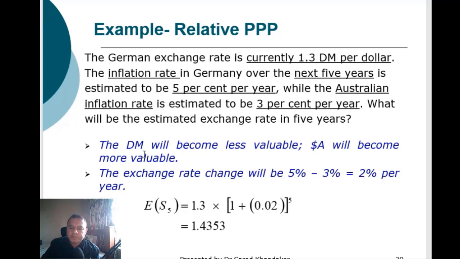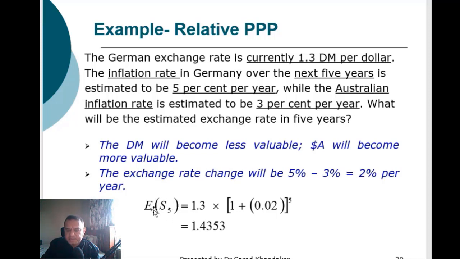As we know, the Deutschmark will become less valuable and the Australian dollar will become more valuable, because estimated inflation in Germany will be 5% and in Australia 3%. So we can calculate the estimated exchange rate using relative PPP.